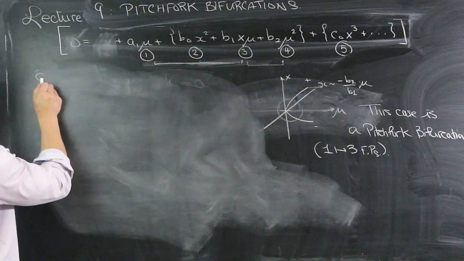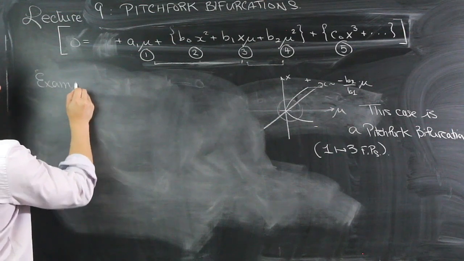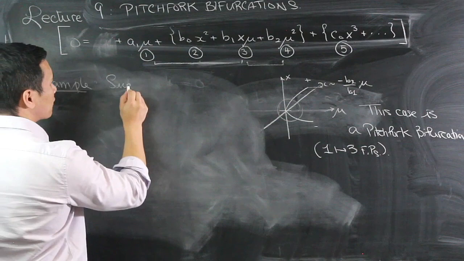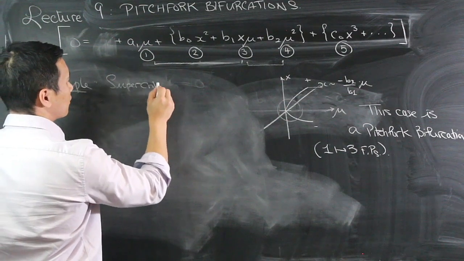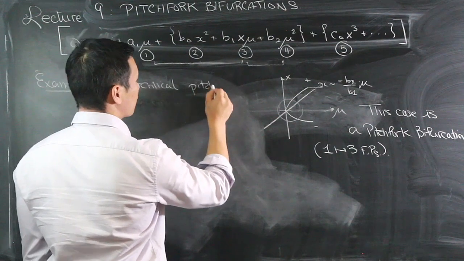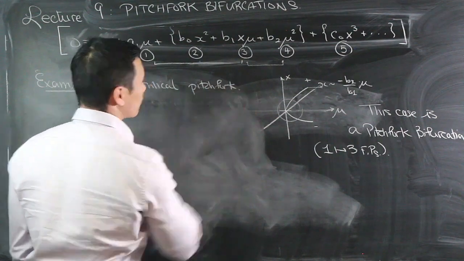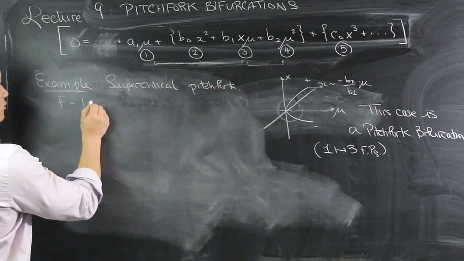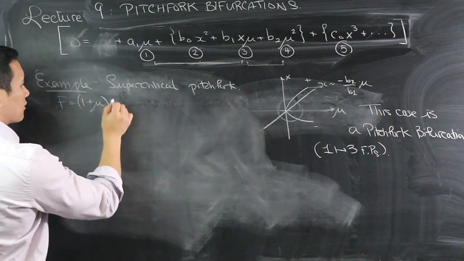So let's look at this example. This is our supercritical pitchfork, and the f that we have is 1 plus mu times x minus x cubed.